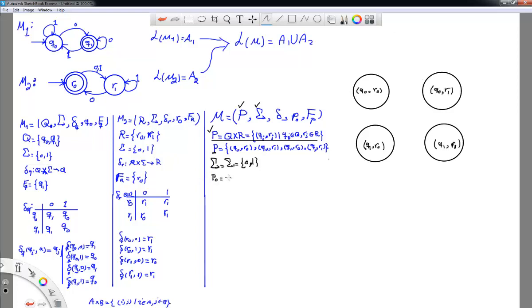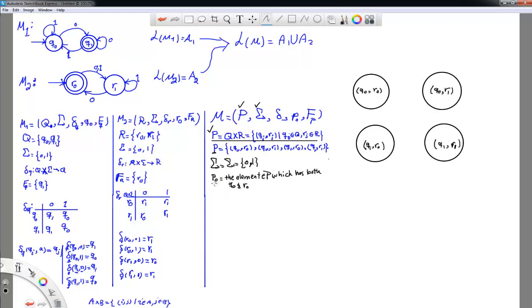Since both machines start in their start state, the start state will be the element from P which contains both Q sub 0 and R sub 0, the start states of my original machines.